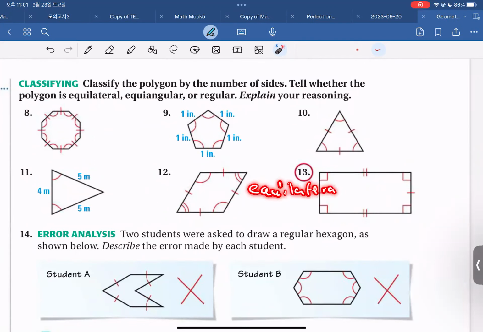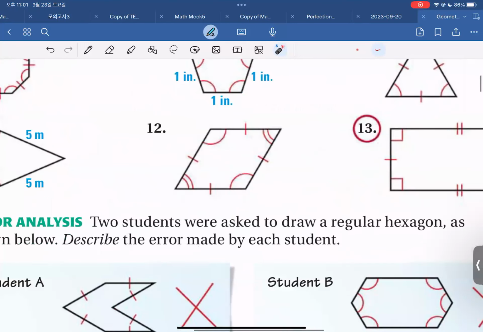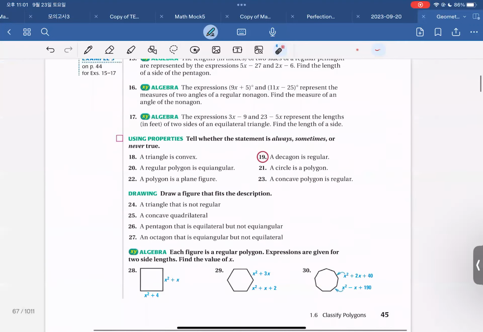In this case, quadrilateral, right? It is, however, not equiangular, because if you look, these 2 angles are equal, but these 2 are different, as we can see in the notation. So this is not equiangular. Because this figure is not equiangular, it's also not regular, because it's not a figure with all sides and angles being equal. So this is basically the idea here.